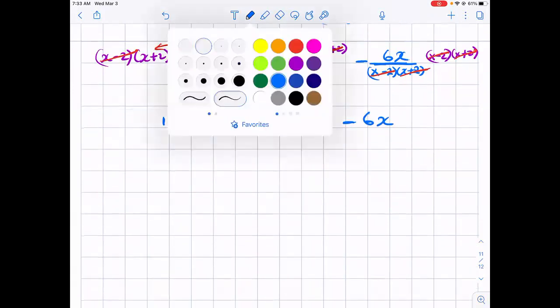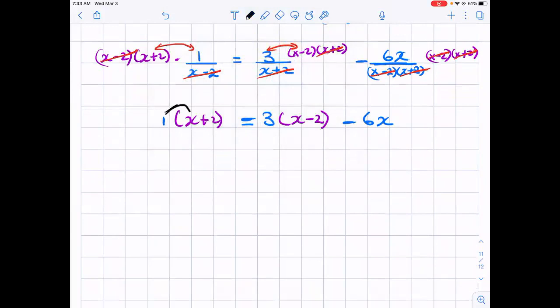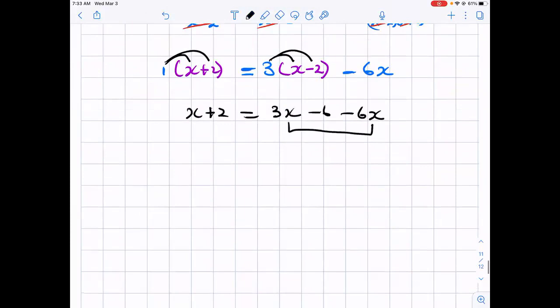If we distribute, we have x plus 2 is equal to 3x minus 6 minus 6x. So now here we have like terms.